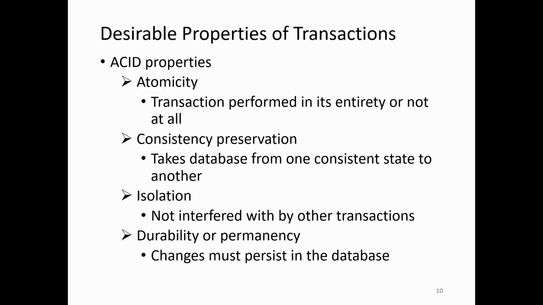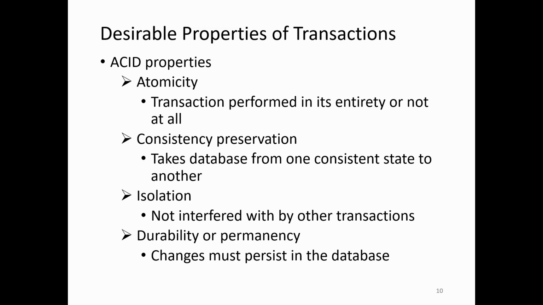The term ACID is created using the first letters of the words: A for atomicity, C for consistency preservation, I for isolation, and finally D for durability or permanency. These are the four terms used in the ACID properties.